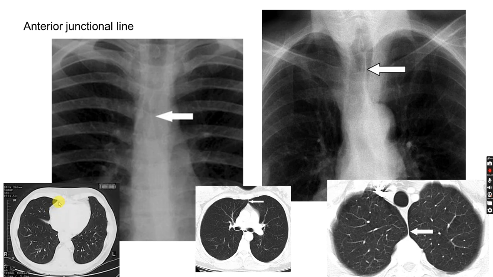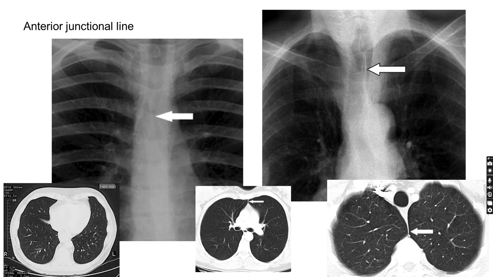Why? Because the pleura, the both lungs are getting separated now. So here you can see both lungs are opposing each other, but here you can see they are separated by the heart. So anterior junctional line will start, but it will end above the heart.